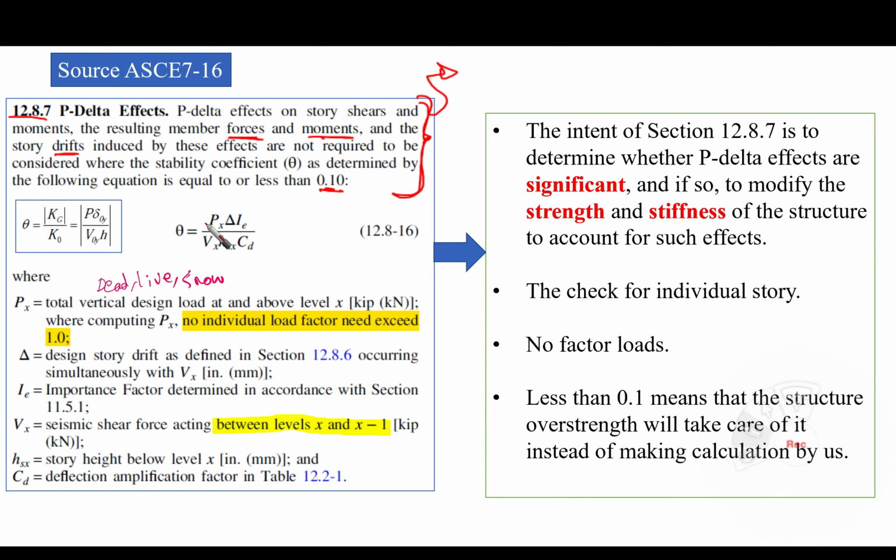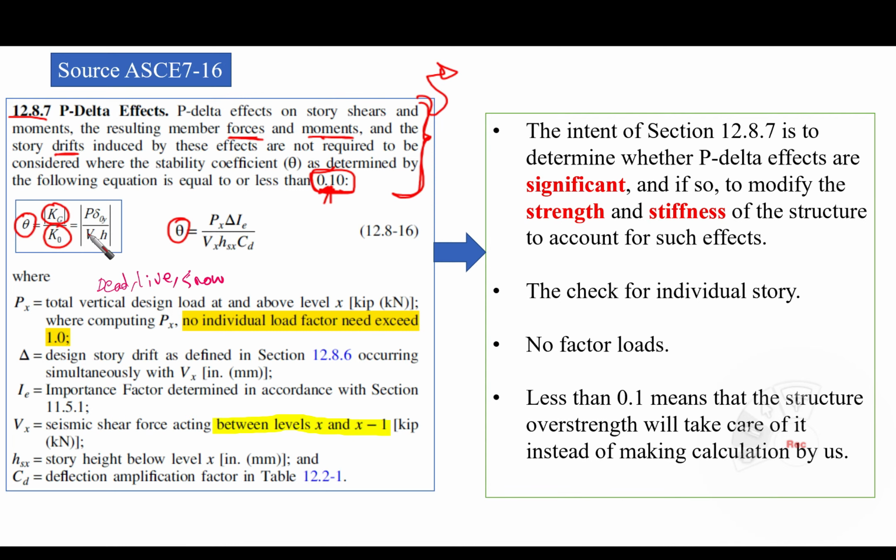So first of all, the code is putting a minimum here. The intent of this minimum is that if theta, the stability coefficient, as I'm going to explain now, is small, if the ratio between K g over K node is less than 0.1, then we should not include this P delta.